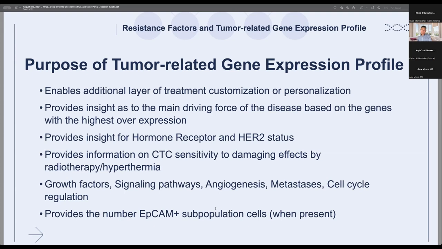The class 3 agents are the ones that block these pathways, and so these are the major ones controlling the growth that you could do something about.